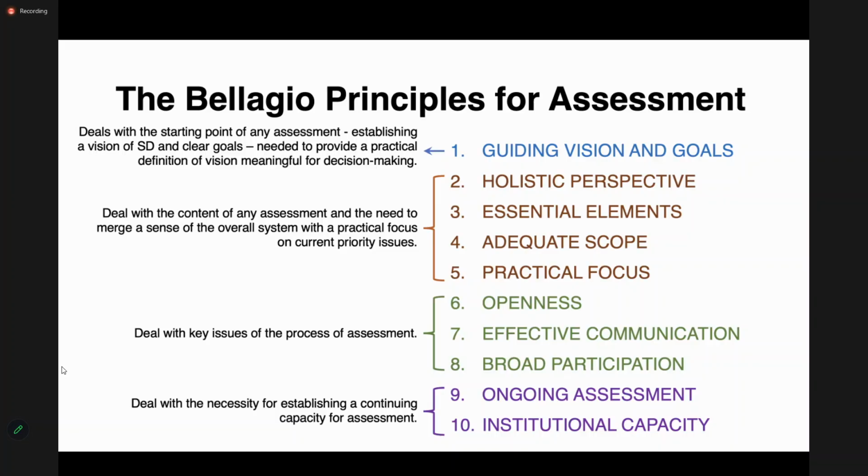And then when it comes to assessment, the principles say it needs to have a holistic perspective, the essential elements, adequate scope, and practical focus. So basically, this deals with the content of any assessment. You have to have a practical focus on the current priority issues.